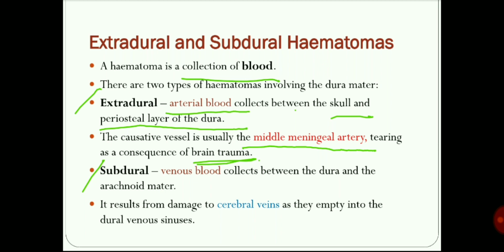Now subdural hematoma is mainly due to collection of venous blood in between the dura mater and arachnoid mater, and it mainly results from damage to the cerebral veins as they empty into the dural venous sinuses. These are the two types of hematomas.